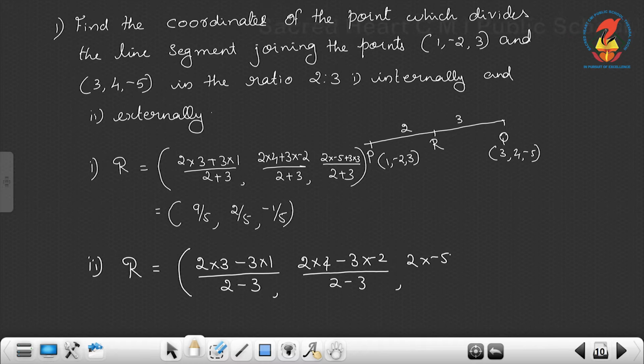Then 2 into minus 5 minus 3 into 3 by 2 minus 3. So 2 3s are 6, 6 minus 3 is 3, 3 by minus 1 is minus 3; 8 plus 6, 14, 14 by minus 1 is minus 14; and minus 10 minus 9, that is minus 19, minus 19 by minus 1 is 19.